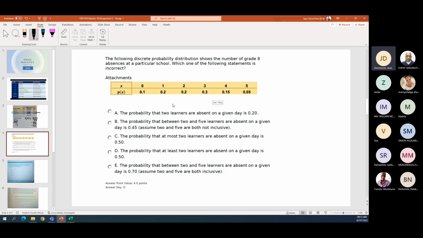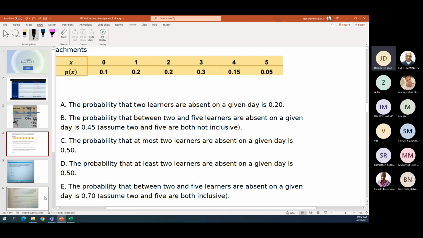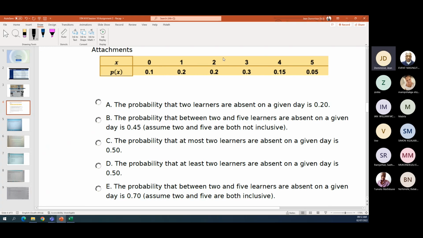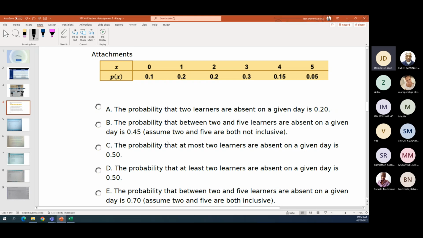So what I've done is, this was from last year's assignment. So when it is purely, and let's just make it a bit bigger, when it is purely looking at the table and we're asking probabilities around it, again, you need to work through it.